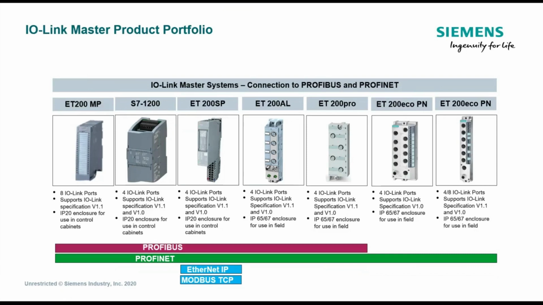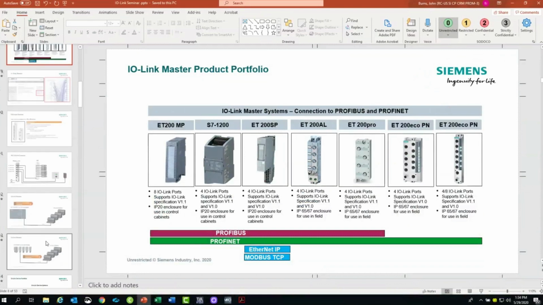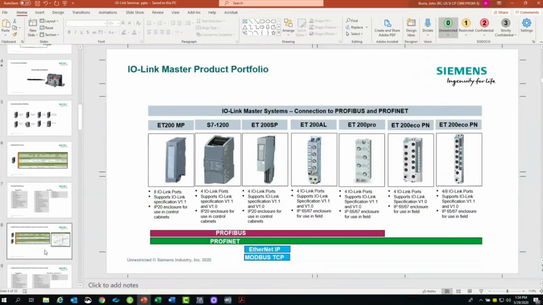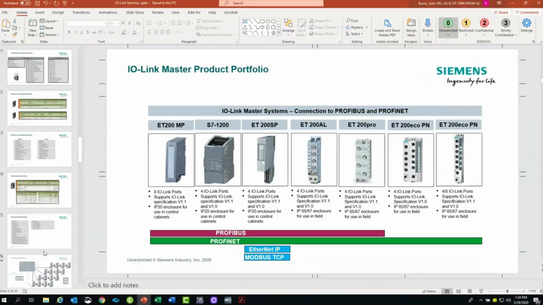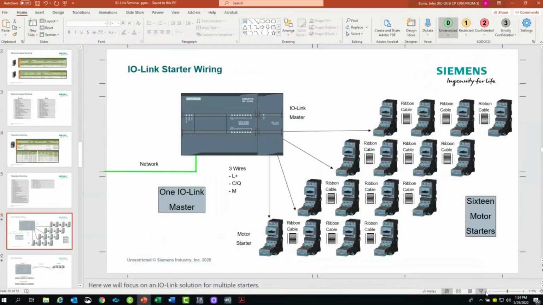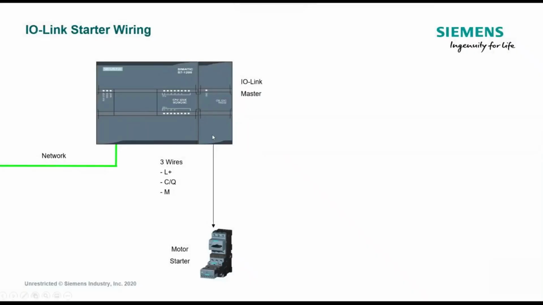Here I can show you something to show you that 4-to-1 ratio, this slide here. So say with the S7-1200 master, it has 4 ports or 4 devices, but with our starters, you run the 3-wire connection to the first starter in this first COM module.